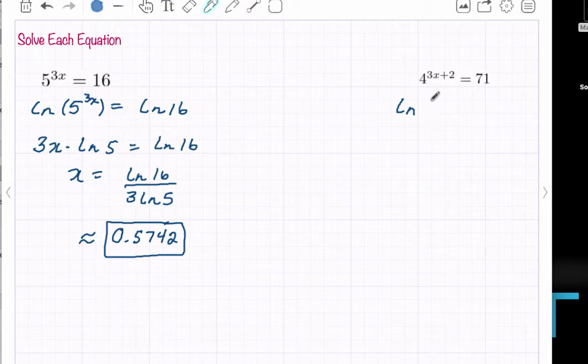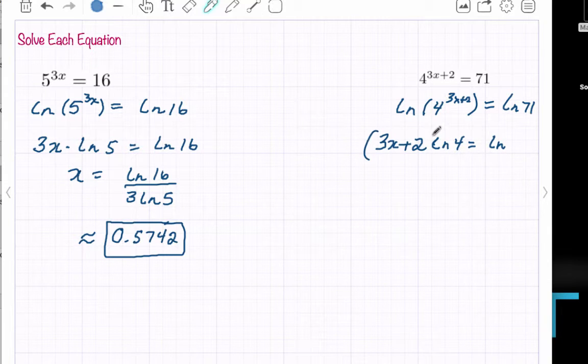So if I take the ln of 4 to the 3x plus 2, equals ln of 71, we are going to have 3x plus 2 times the natural log of 4 equals the natural log of 71.